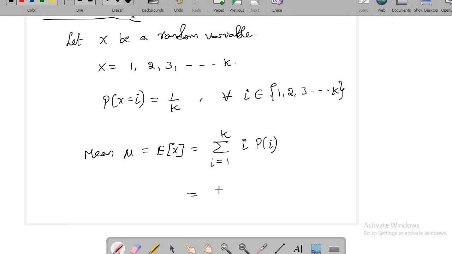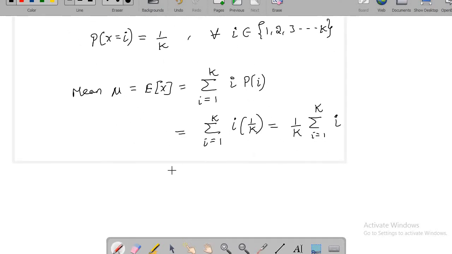So this is summation i equal to 1 to k, i into 1 by k. Okay, so 1 by k is a constant, so I can take it out. 1 by k into summation i equal to 1 to k of i.